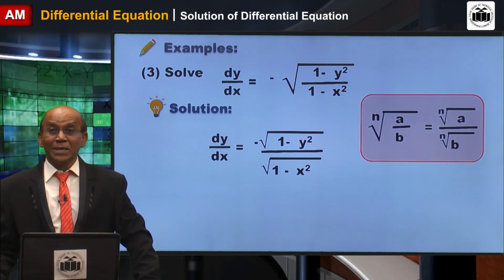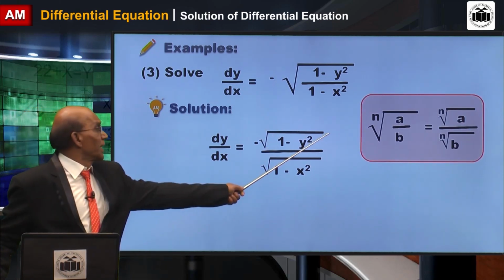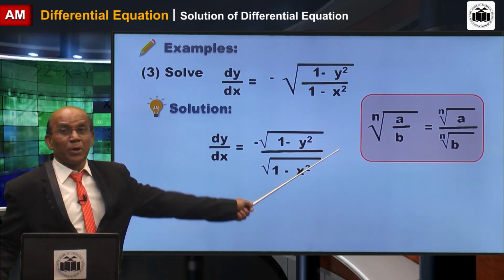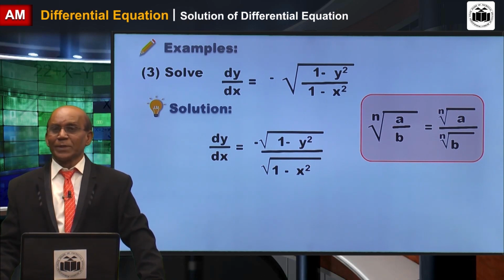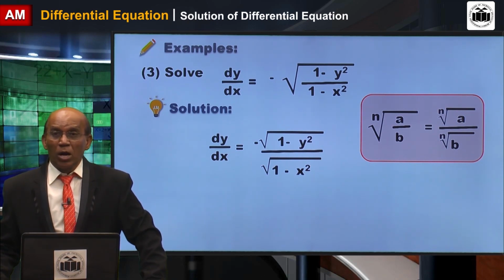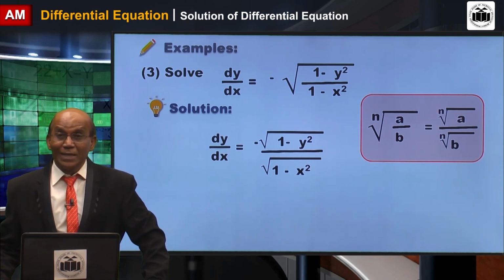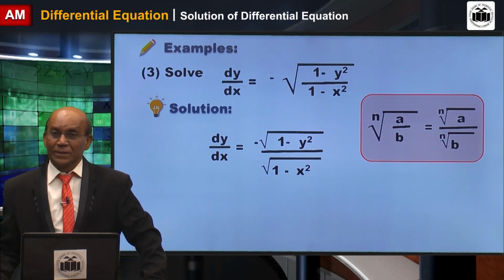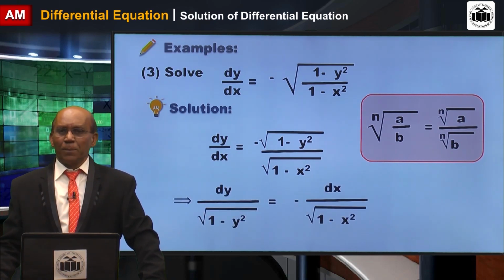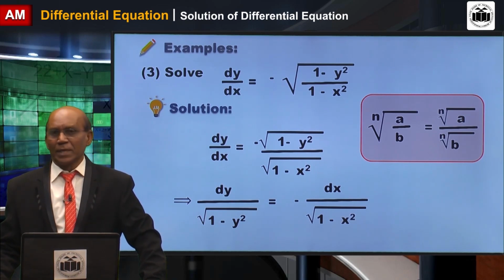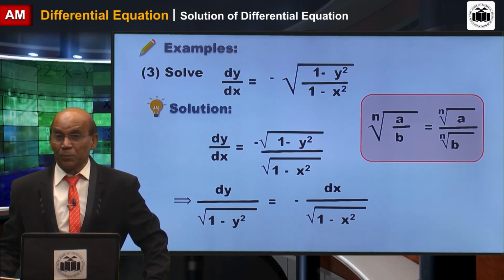We can apply this formula for writing that term, because it is a very simple formula: nth root of a upon b equals nth root of a upon nth root of b. Separate that root here, and now we can take the next step. This implies dy upon root of 1 minus y square equals minus dx upon root of 1 minus x square.